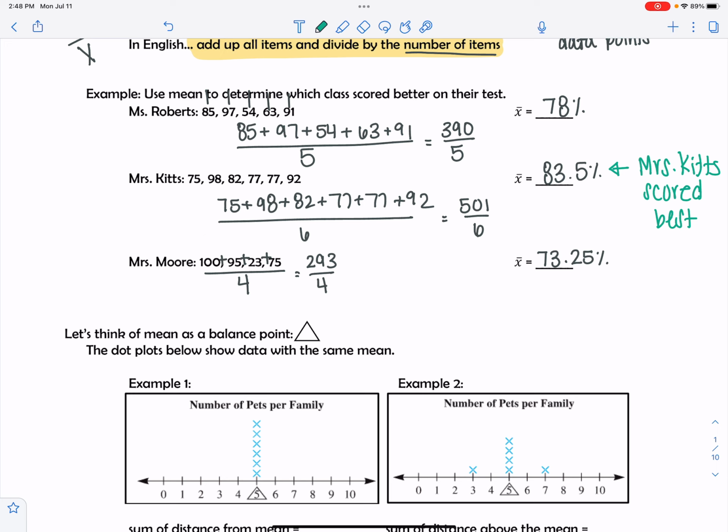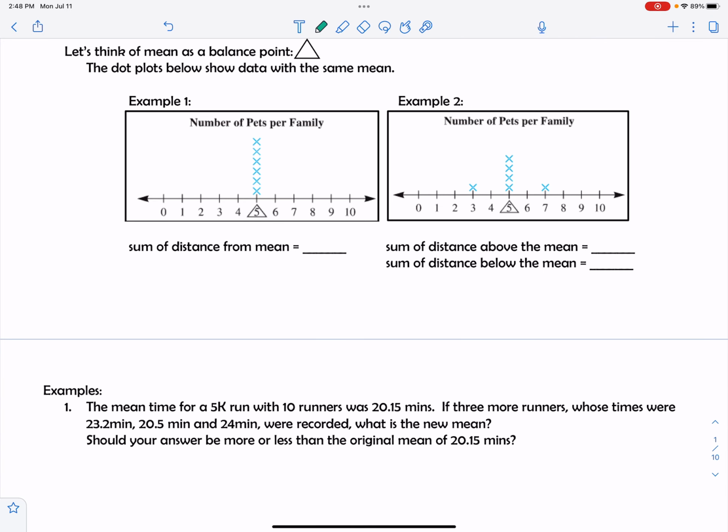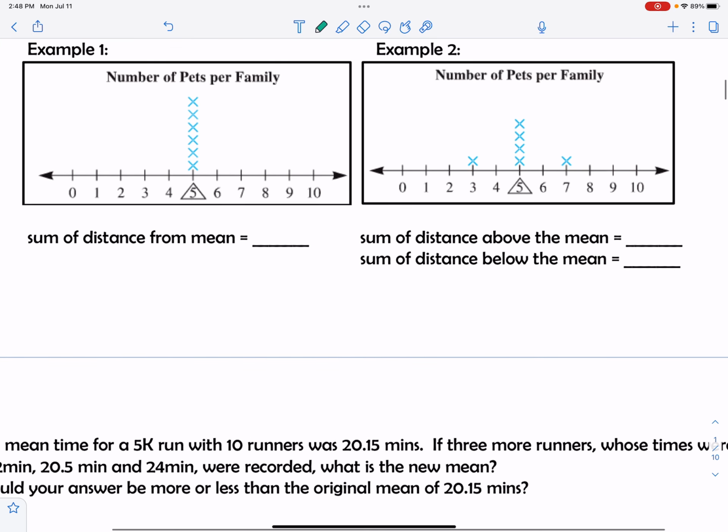So the mean you could think of as a balancing point. So a balancing point meaning that if I were to put this point on the data, it would be even. So let's look at these two dot plots like we saw back in 10.2. Both of these have a mean of 5 because that's where they balance out.